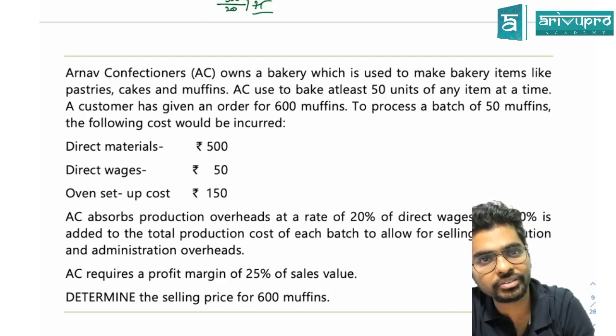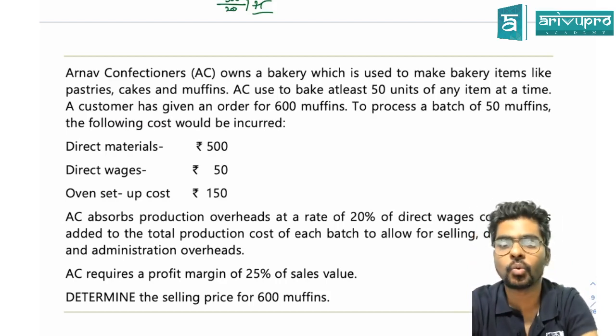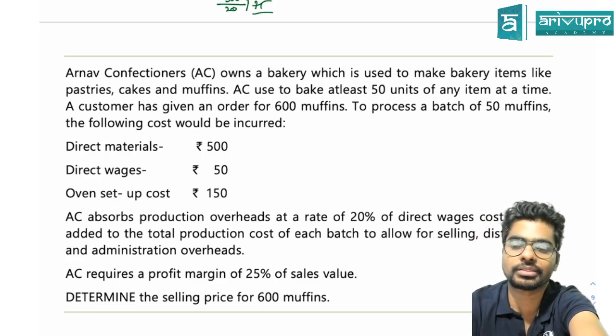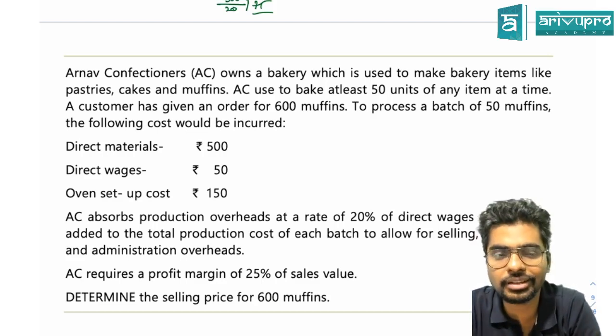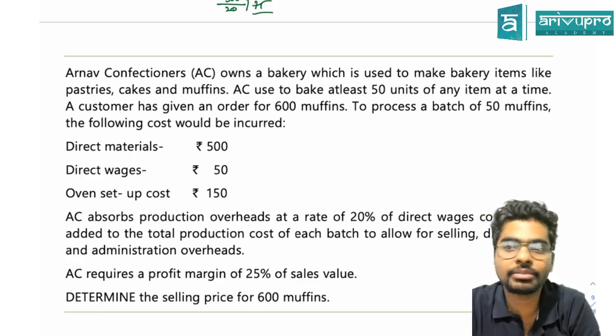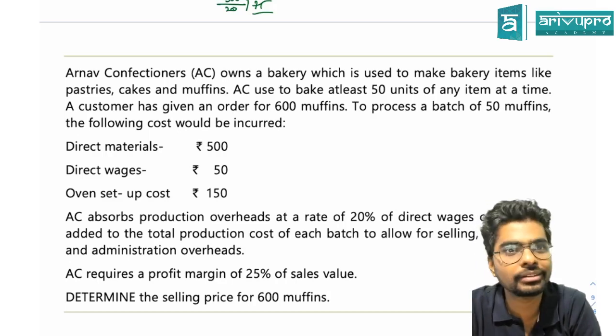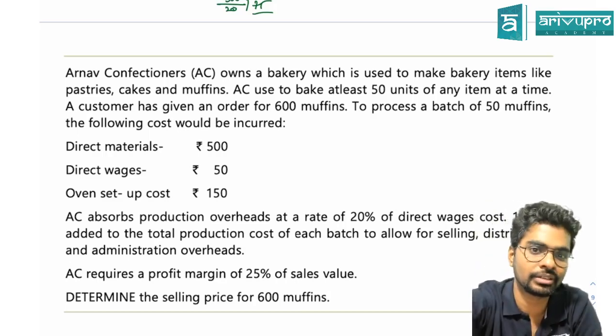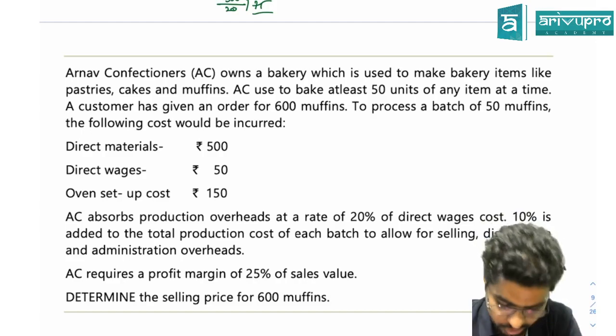When I am producing 50 units at a time, what if I want to make 600 muffins? What is the number of times that I need to produce? How many times are you going to be producing? Correct.